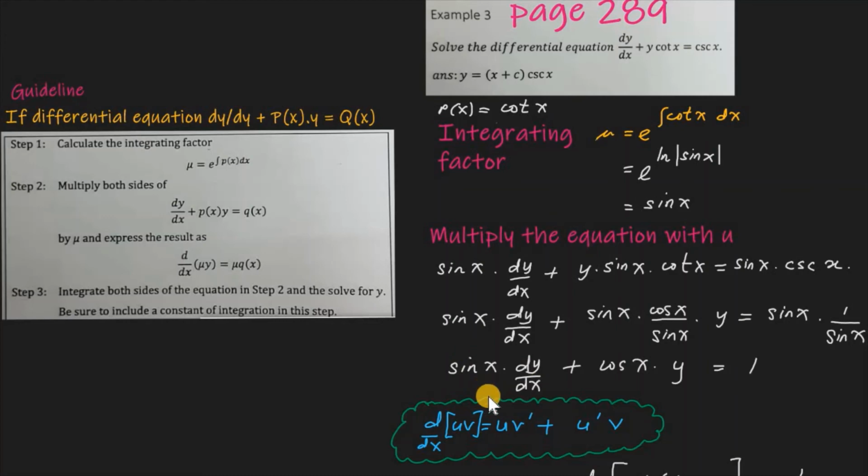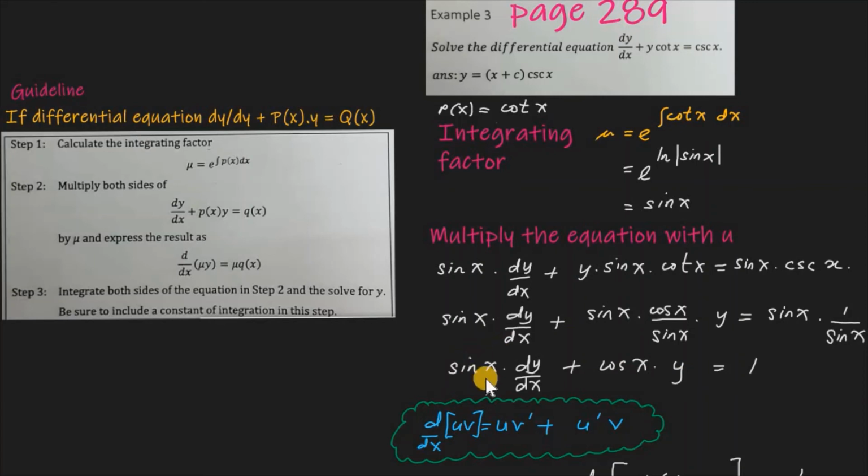It's actually a product rule, such that if we call it u or f, u is sine and v is the y, so it becomes u v prime, or y prime, plus u prime, the derivative of sine, which is cosine, and v, which is the y just now.